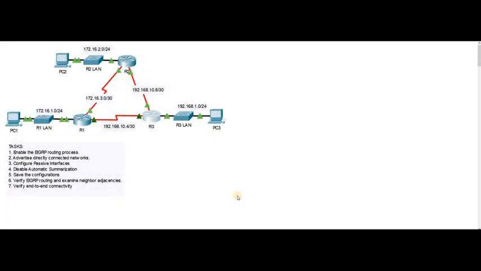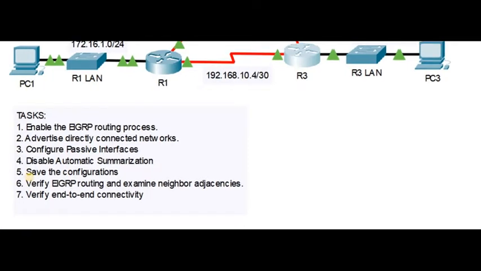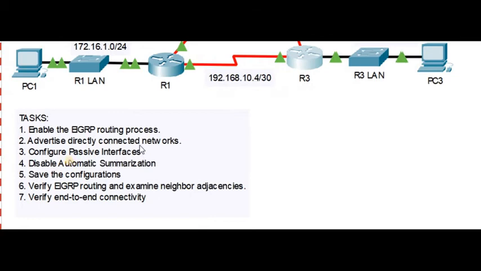All right, moving on to our next task. This time we're going to configure passive interfaces. After configuration of EIGRP along with the autonomous system number, after you're done advertising directly connected networks, the next task is to configure passive interfaces.